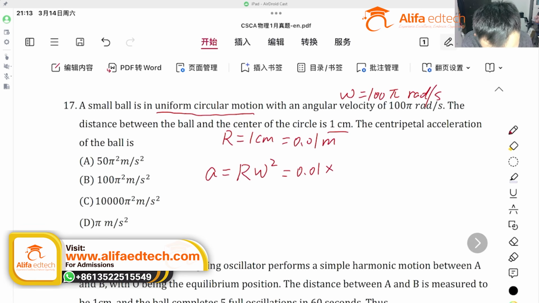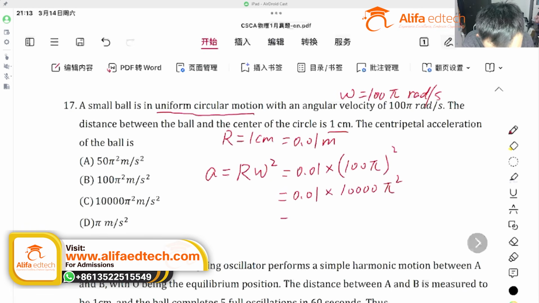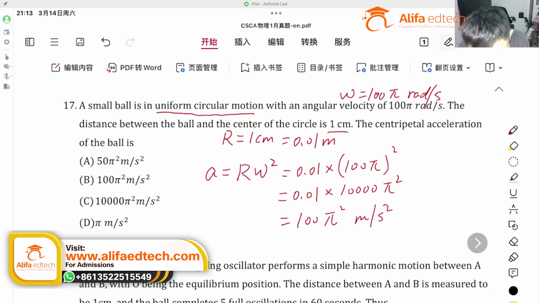It is 0.01 multiplied by... so it is 100 pi squared meters per second squared. So the answer is B. Answer is B.